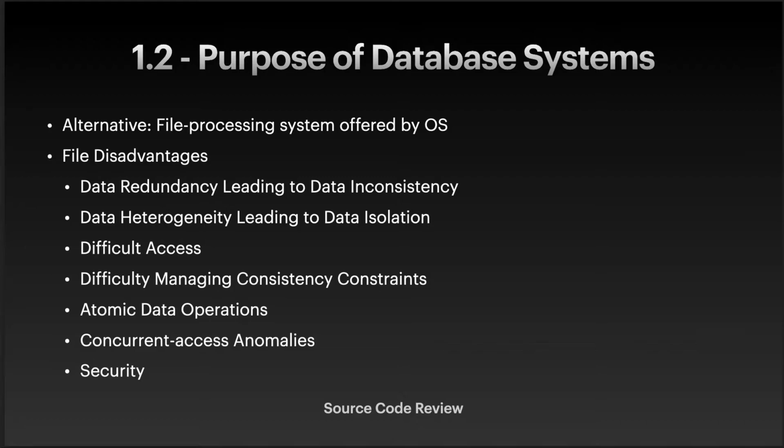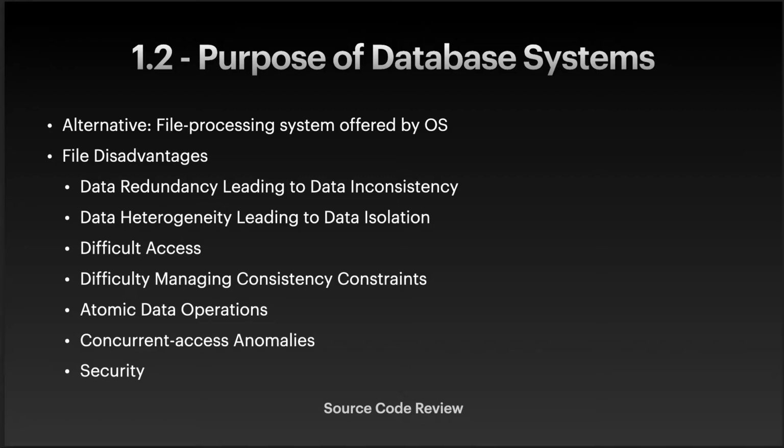You could have data represented in two different data structures in two different programming languages, and this leads to data isolation. In other words, your data is not centralized and connected, right? It's isolated in different data structures and different programming languages, which makes it harder to access.